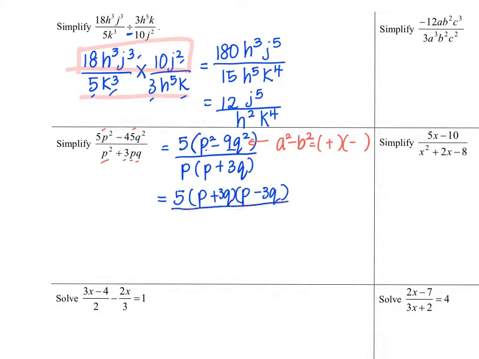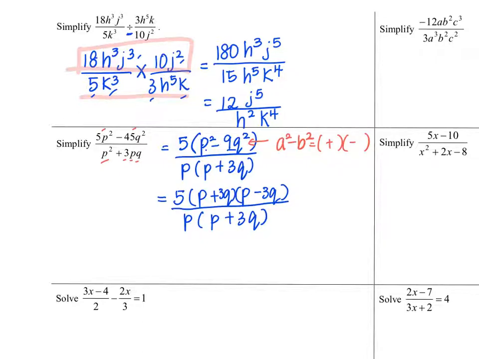Now over, my denominator is p bracket p plus 3q. And let's check. I see that I have p plus 3q over here. This is all in terms of factors. Now I can safely cancel them away. But be careful.